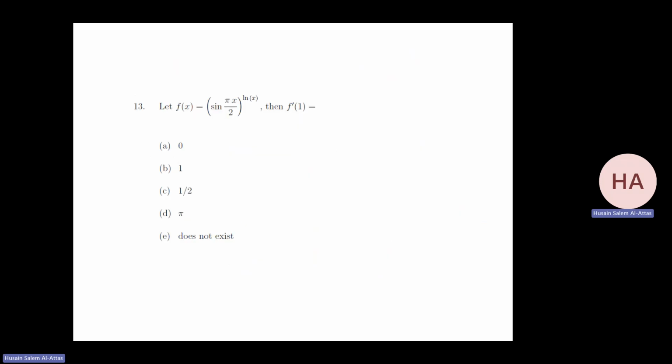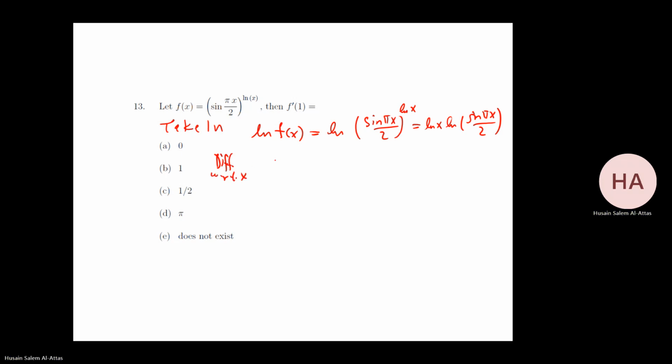Sine pi x over 2 to the power ln x. Okay, take ln. So I have ln f of x equals ln x times ln sine pi x over 2. Differentiate with respect to x. So I have f prime of x over f of x equals, here I have what?